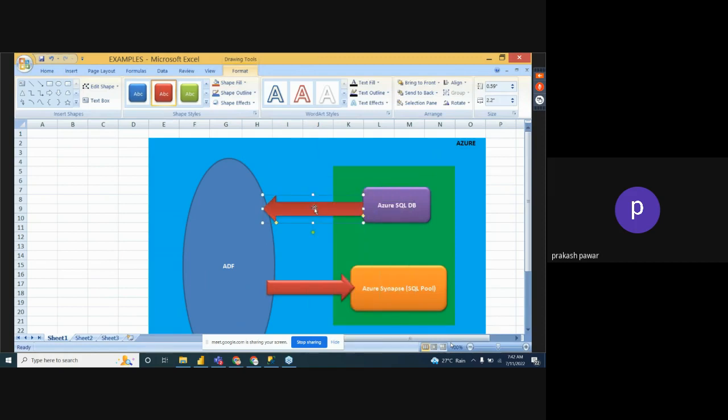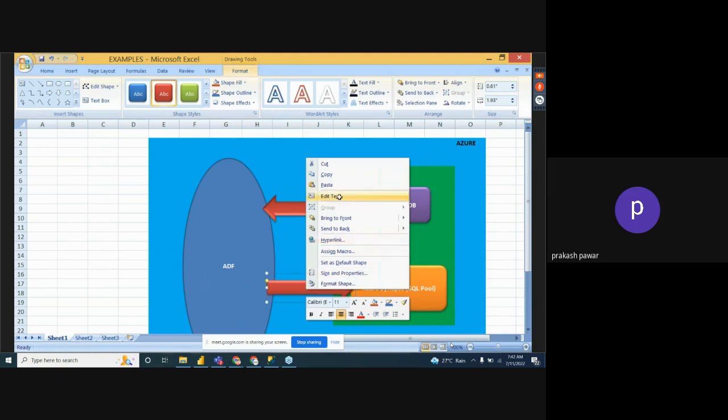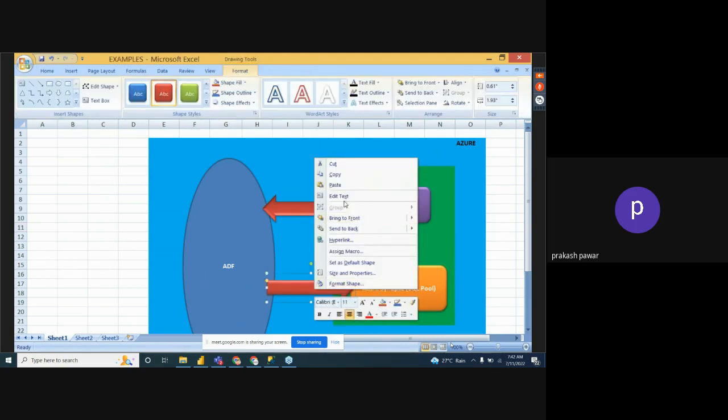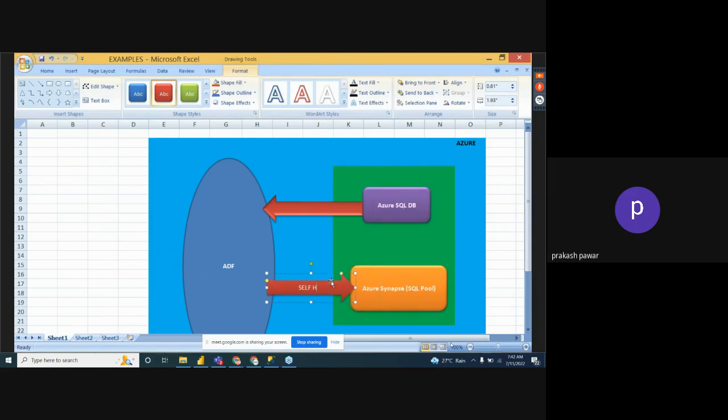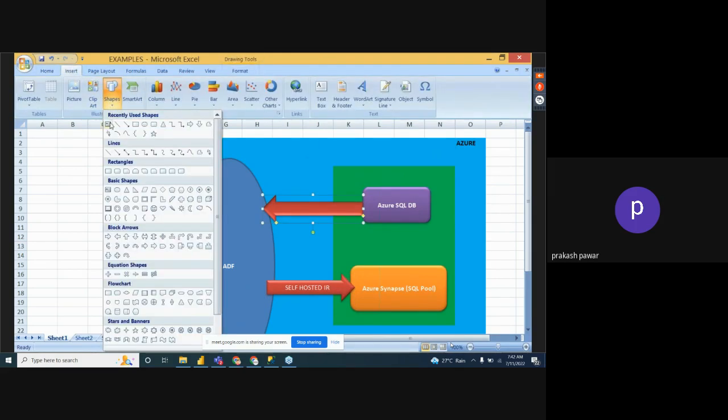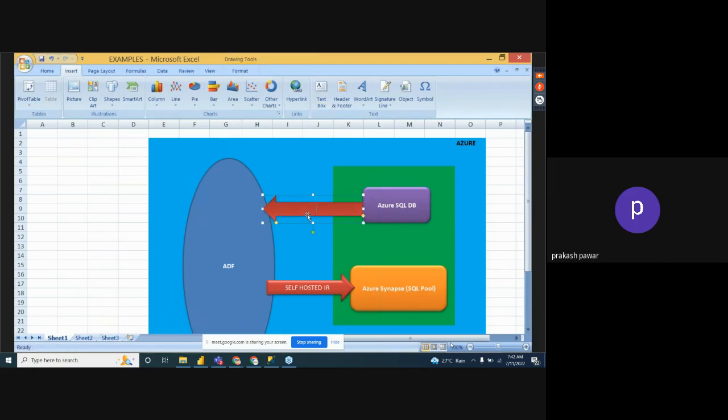This is self-hosted IR. Remember, I just write this one as self-hosted IR. Same way here also, I'll quickly insert one text box and write here self-hosted IR.